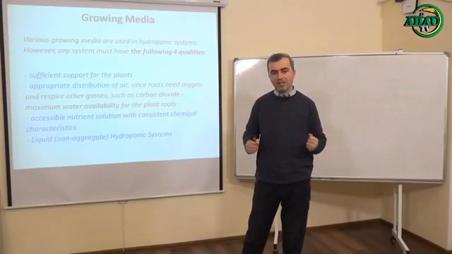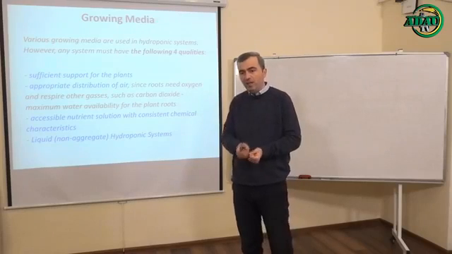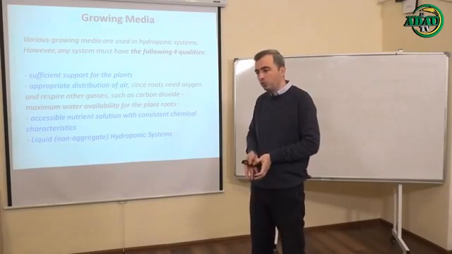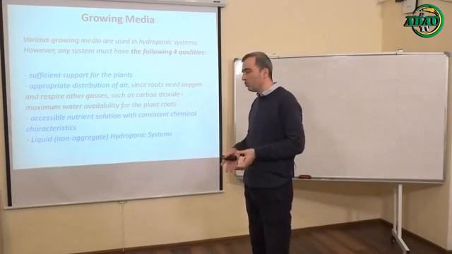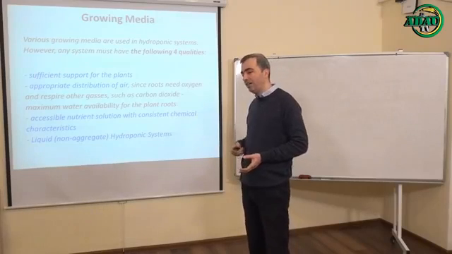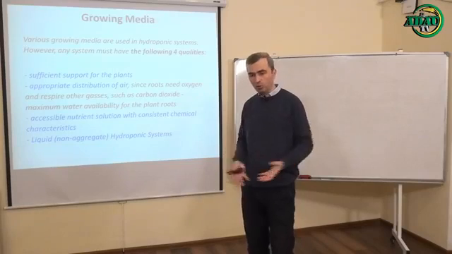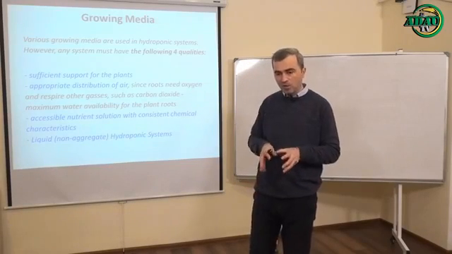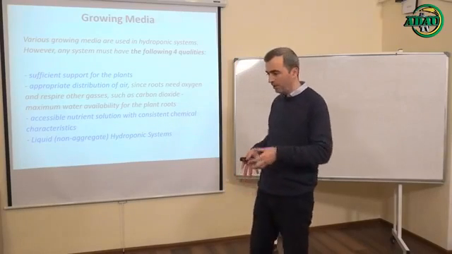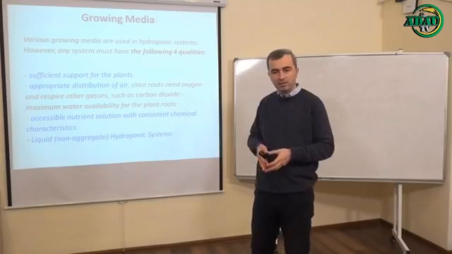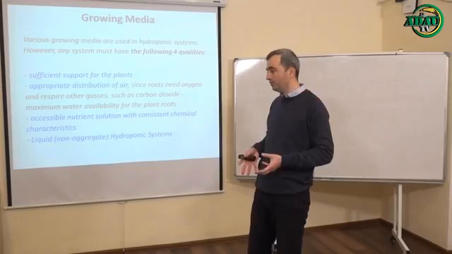So the alternative growing media requires four qualities that it should have. First, the growing media should let our plant be fixed and grow on it. It should use its roots and grow by standing on that growing media. The growing media should also provide proper air to the roots of the plants, because roots go in between the rock wool, the gravel, the perlite and the straw, etc., and they need a sufficient amount of air.